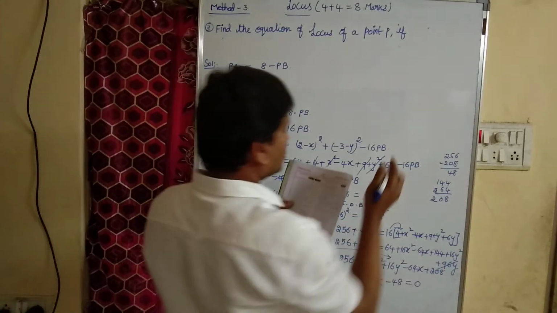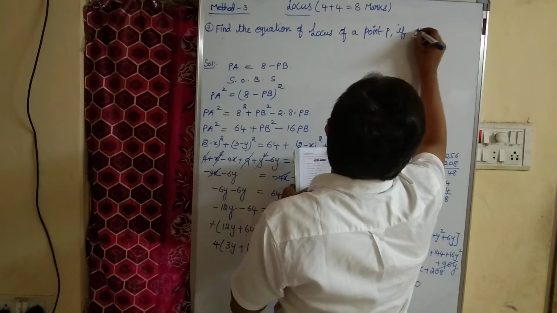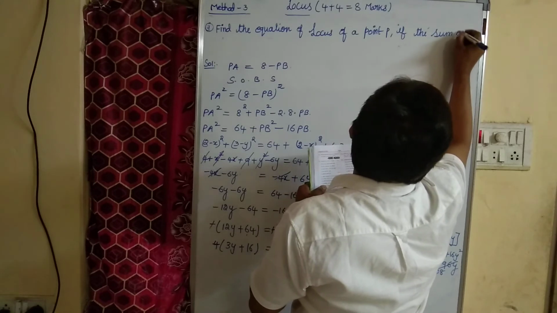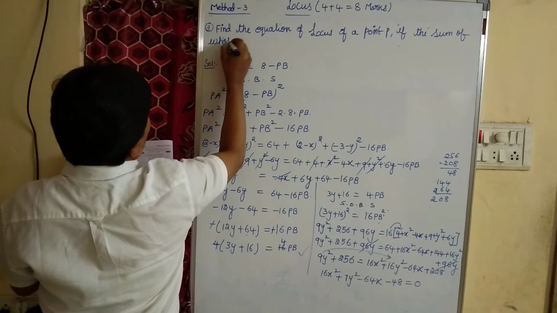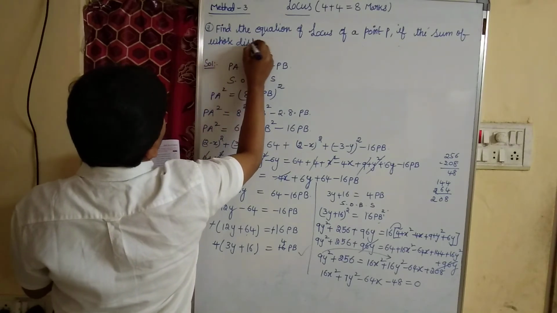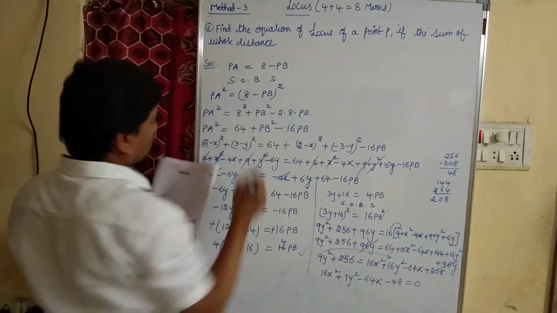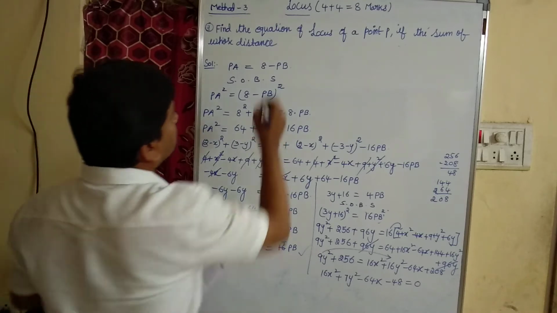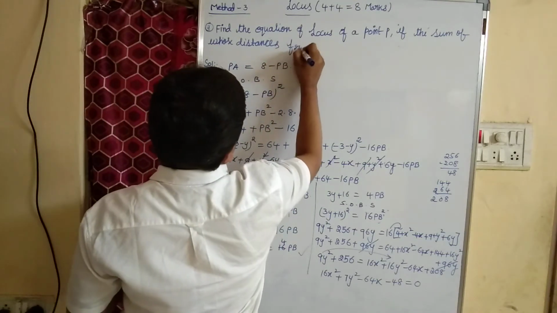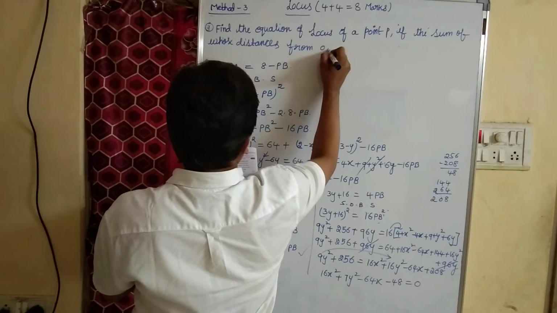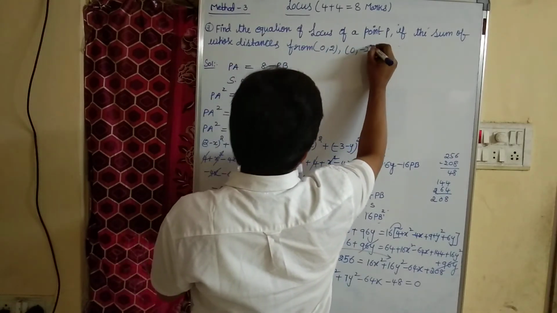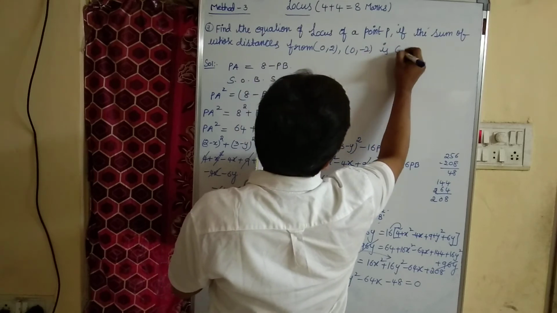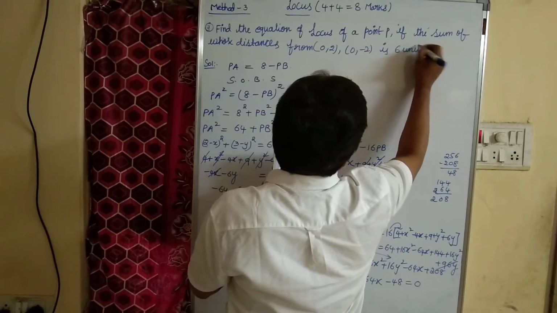The sum of whose distances from 0 comma 2 and 0 comma minus 2 is 6 units.